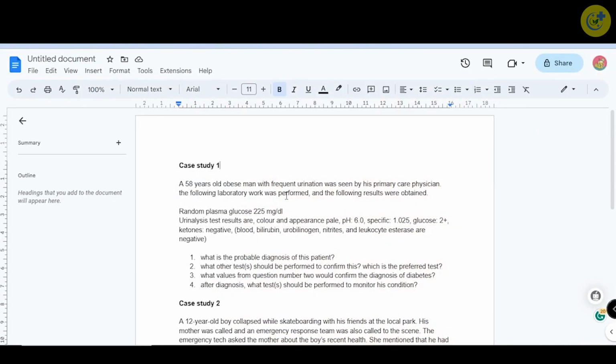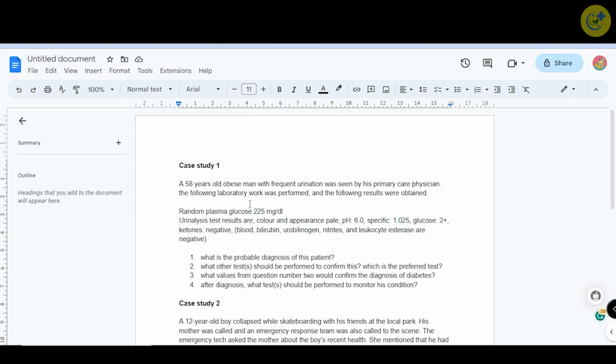So here you can see a 58-year-old obese man with frequent urination was seen by his primary care physician. The following laboratory work was performed and the following results were obtained. Here you can see laboratory test results.